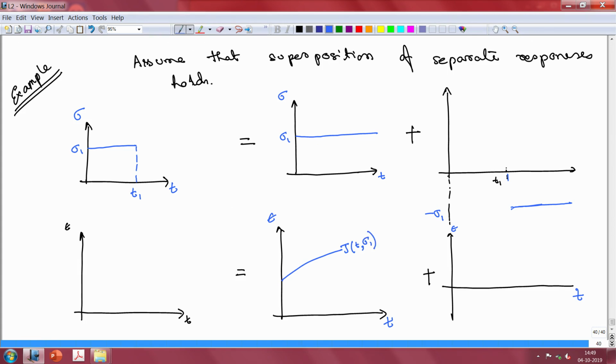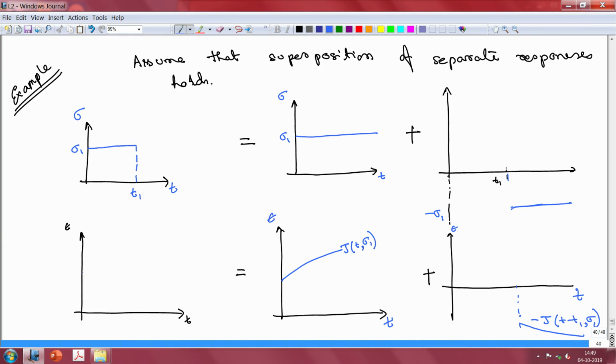Let us say that is available to you. For the other case, you have a response which is the negative of this. So, your final response should be the sum of these two if linearity holds.